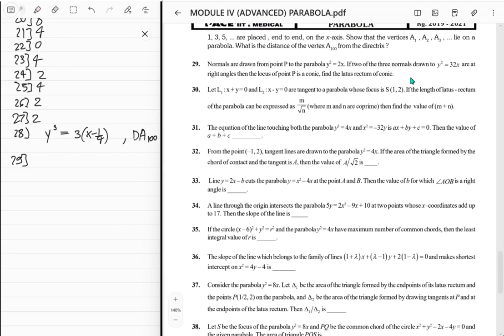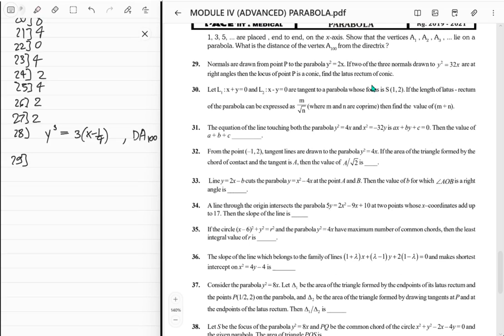So, 3 normals drawn to. But that's different. It's 2x over here, it's 32x over here. Are at right angles. From where? From where are you drawing normals to? Are you drawing normals to this thing or that thing? I think it's supposed to be 32 on both times, but here they have 2x.